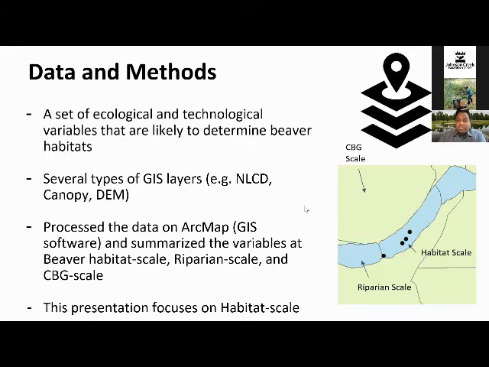We processed the data in ArcGIS software. We summarized the variables at 3 different scales: beaver habitat scale, riparian scale, and CBG scale. However, this presentation focuses on habitat scale alone. And here you can see the difference between the 3 scales. The habitat is a dot, which is not moving. The riparian scale has much more area compared to the habitats, whereas the census block group is much bigger than the other 2.